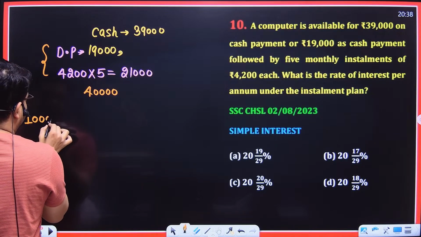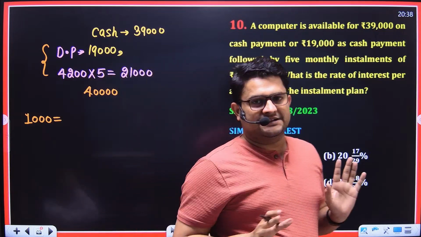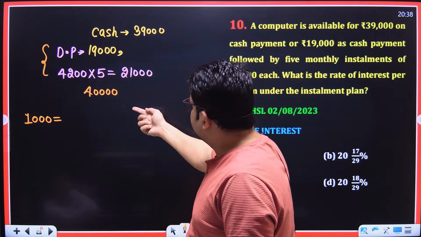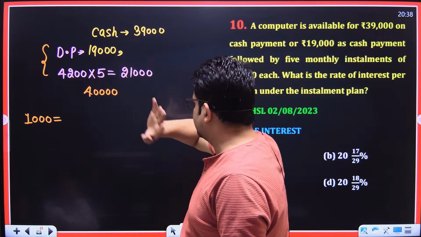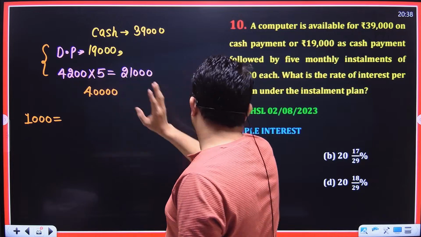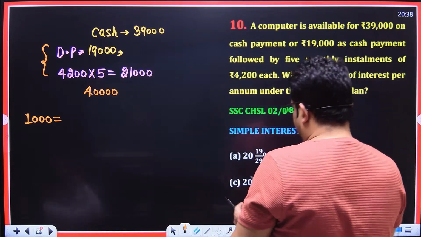First of all, you have to calculate the interest. If you want to buy in cash, you pay 39,000. On installments, you pay a down payment of 19,000 followed by 5 installments of 4,200 each. So with installments you are paying 21,000 and a down payment of 19,000.